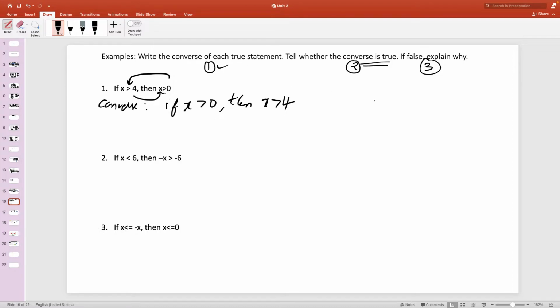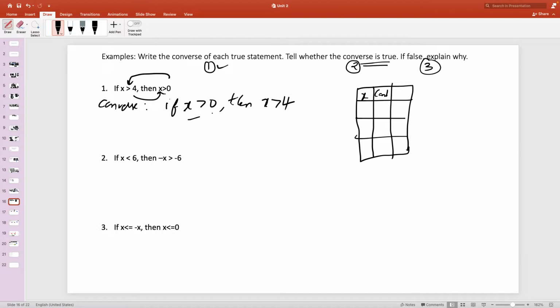Now let's see if this converse statement is true. What I would recommend is to build a small table here: the value of x, then the condition, and then whether it is true or false.